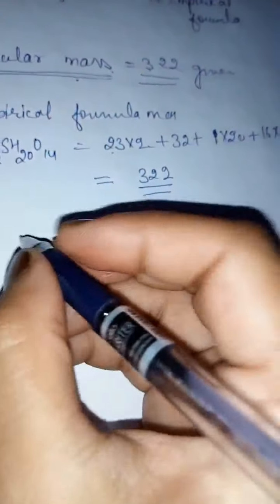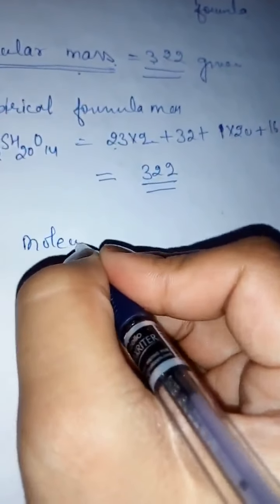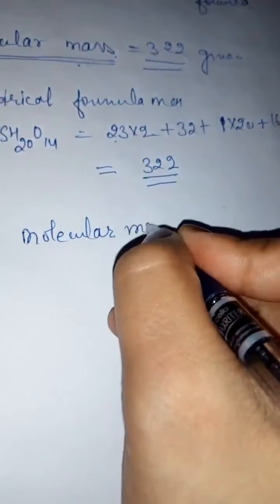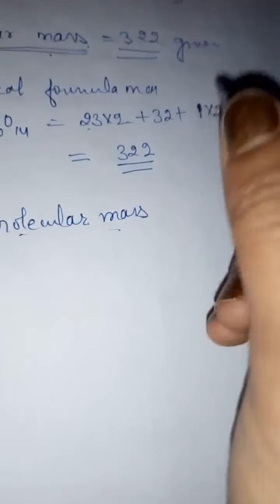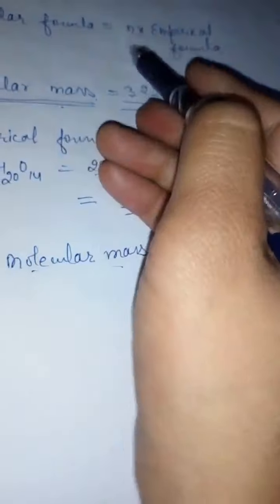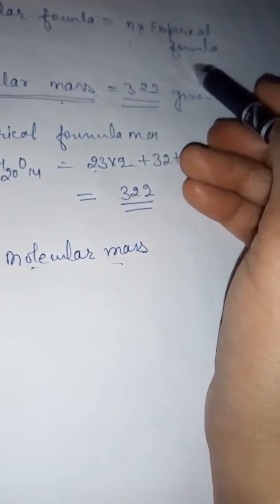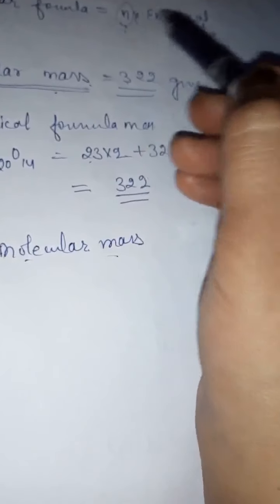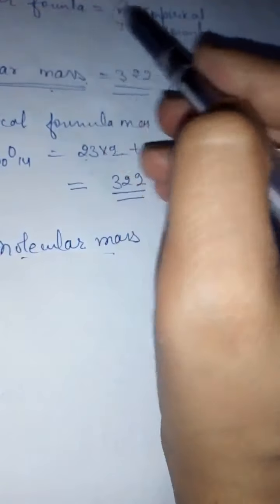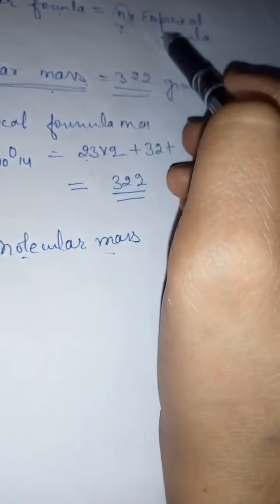If you write this in this form, molecular formula is equal to n into empirical formula, it means when you multiply the empirical formula with some value, these two will be equal.